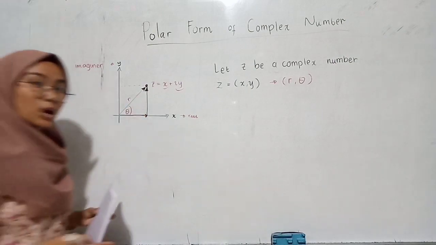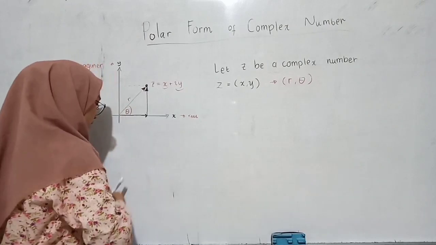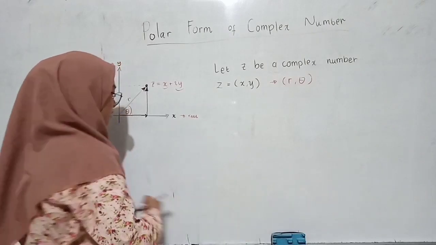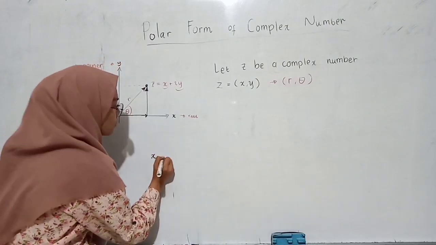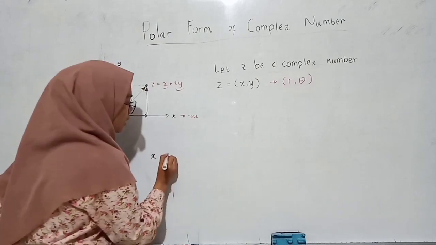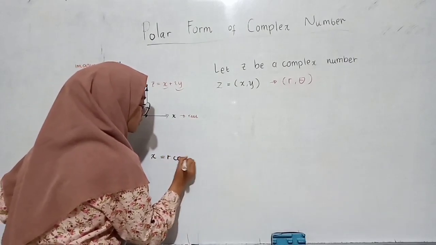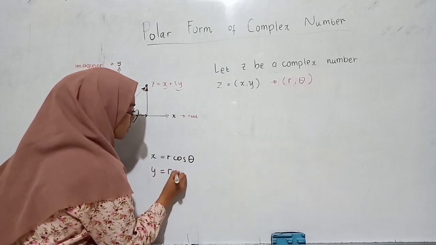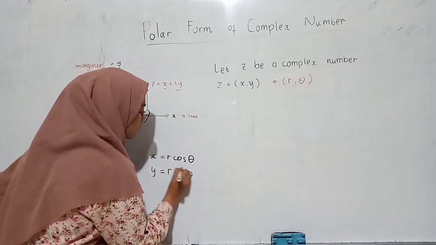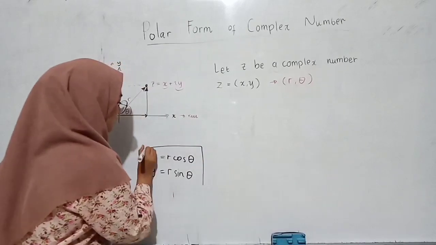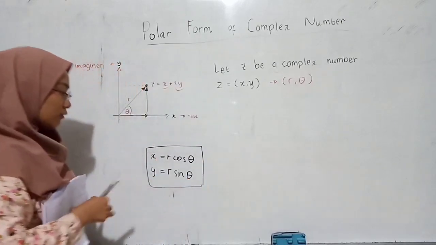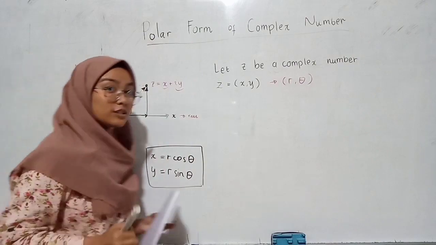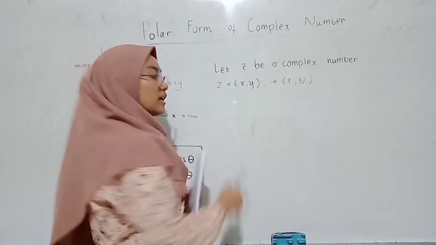From this we get the formulas x equals r cos theta and y equals r sin theta. From here we can get the formula of Z in polar form.